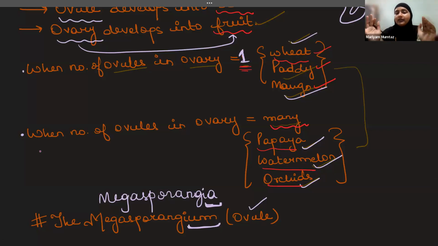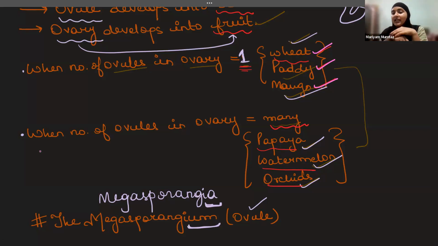Always remember this one thing. Ovary is equal to fruit. Ovule is equal to seed. The thing that we throw out is the ovule. We don't eat the seed, right? So that is the ovule. Now, in many fruits, there will be just one ovule, such as in wheat. Wheat has one seed. Paddy, that is rice, has one seed. Mango has one seed. Okay, so this is one ovule.